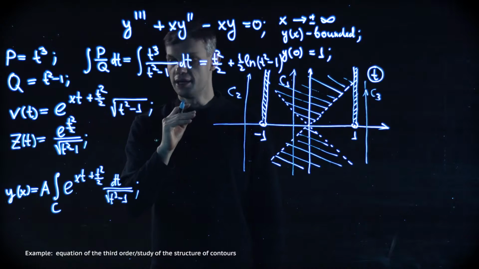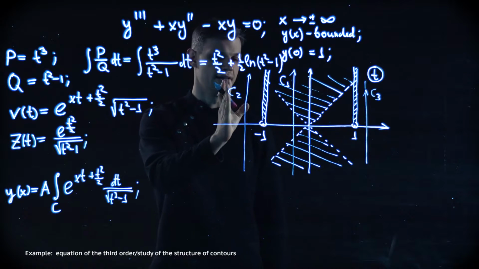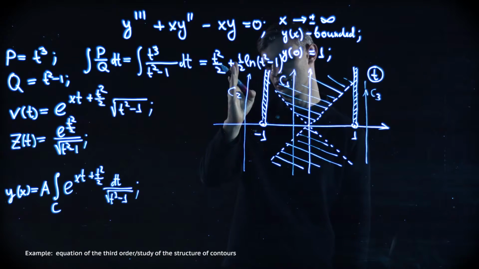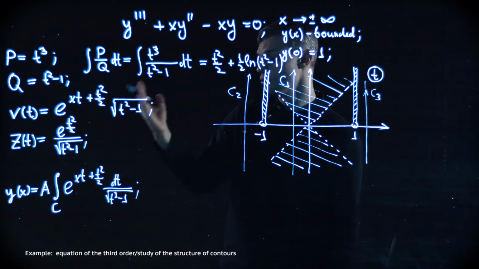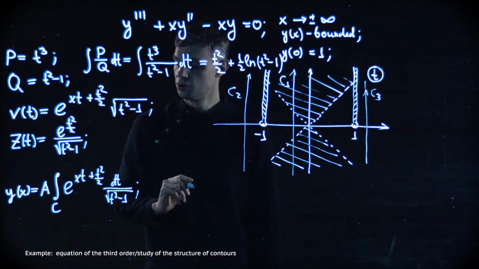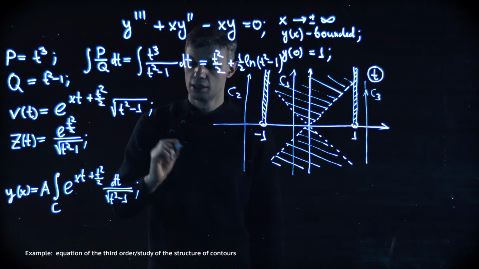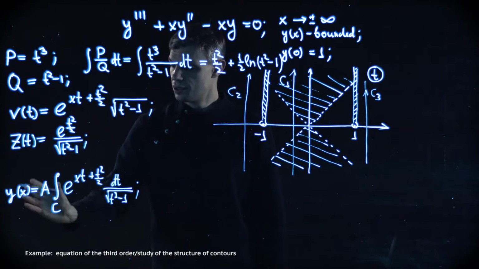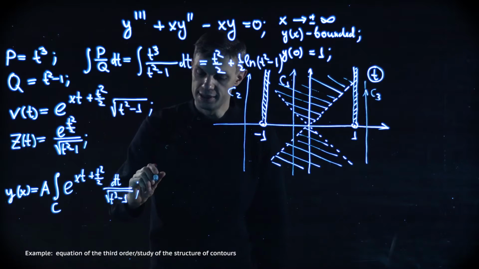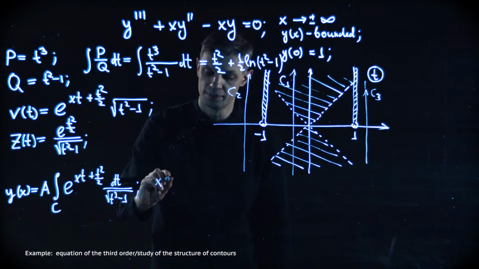So let's investigate the asymptotics over, for example, the left-hand side contour, the asymptotics of the solution which is defined by this C2 contour. So this is our Laplace type integral, and let's investigate its behavior when x is positive and large.